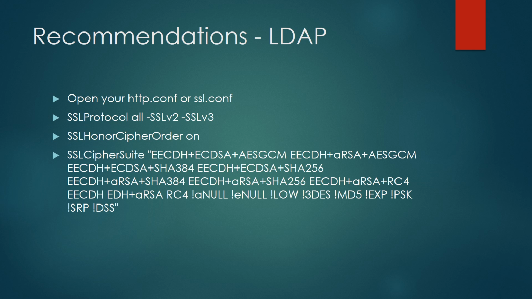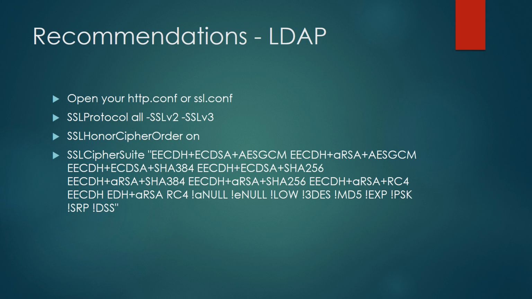The recommendation is for you to edit the SSL .conf and add the following entries: SSLCipherSuite HIGH colon !SSLv2, and so on and so on. And then you need to restart the network for it to work, so that you can see the system is working.